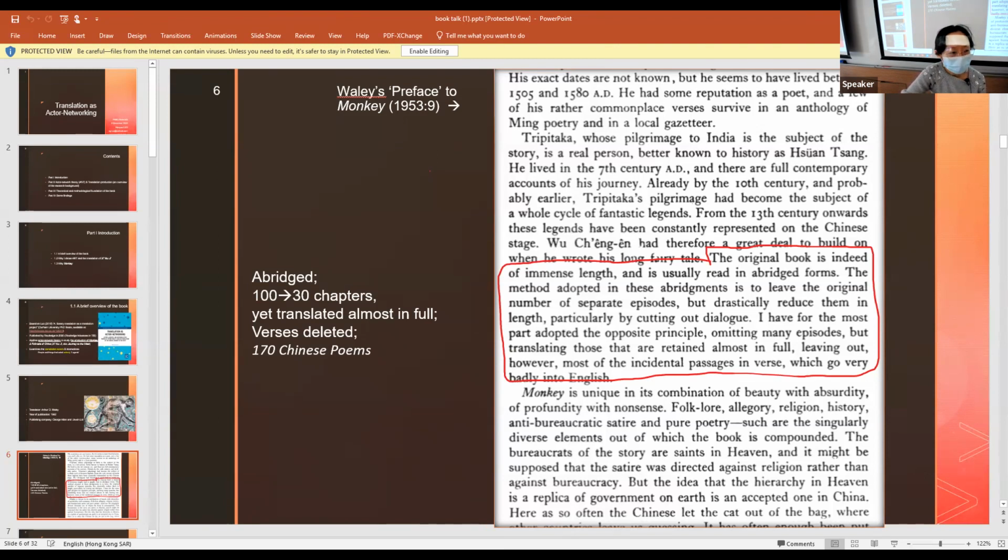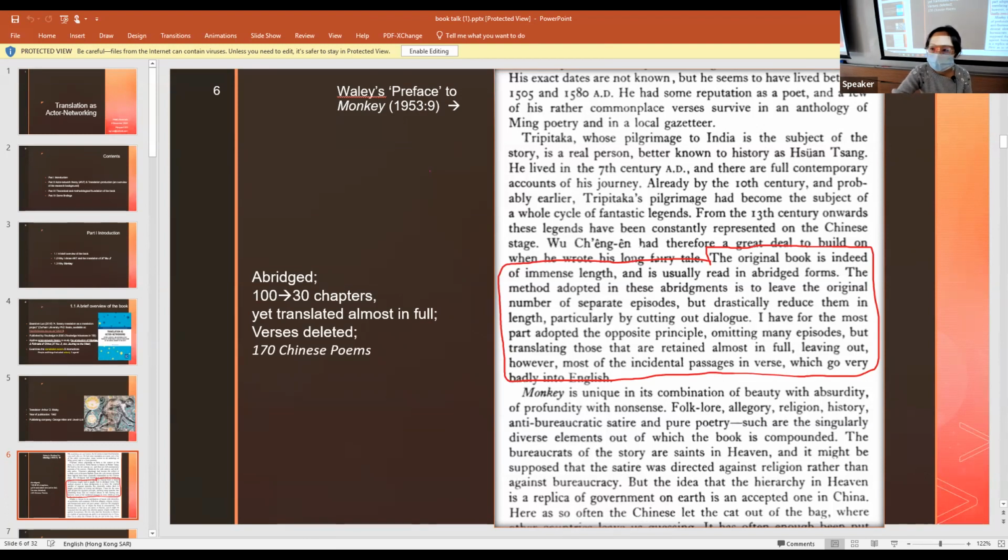It is interesting that before translating 西游记, Waley had already translated many Chinese poems, and he was highly appreciated for his poetry translation. The most representative translation was perhaps his 170 Chinese poems published in 1918, almost two decades earlier than when he started to translate Monkey.